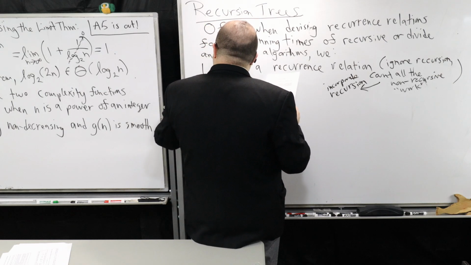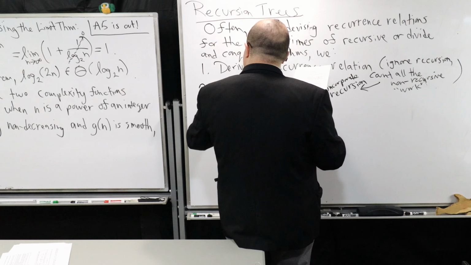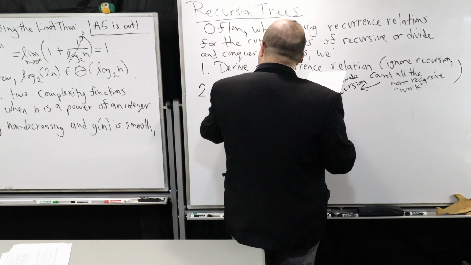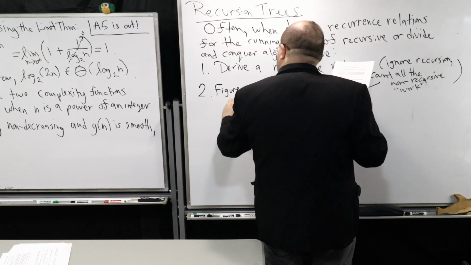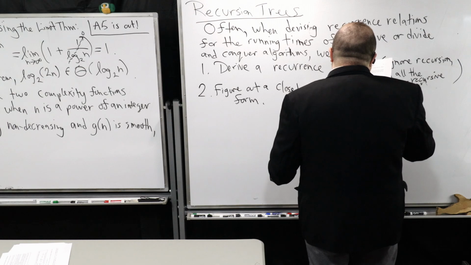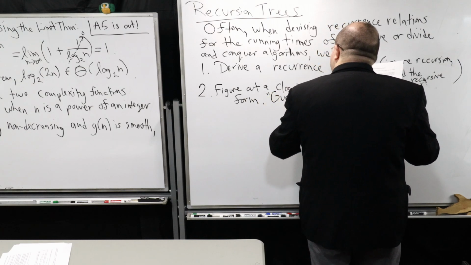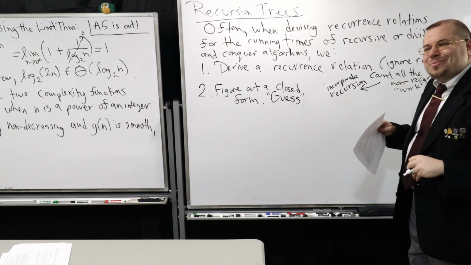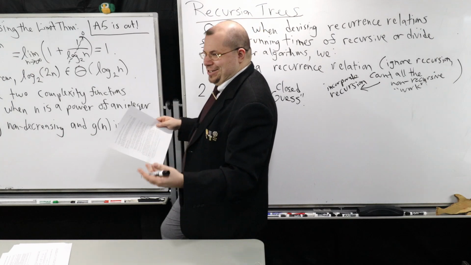So, naturally, once you have the recurrence relation, we try to figure out a closed form. So this is very often what some people would refer to as a guess. I don't really like the word guess, but it is kind of what you do if you have a recurrence relation.